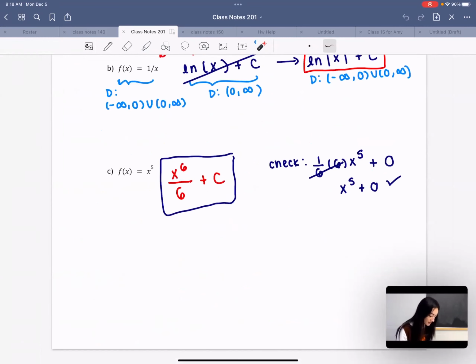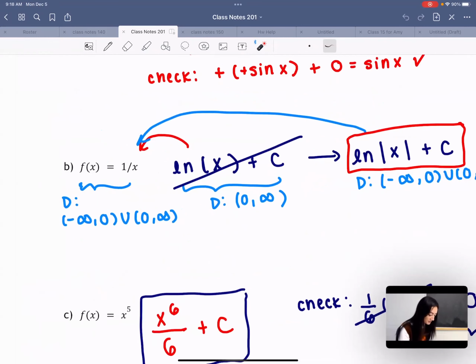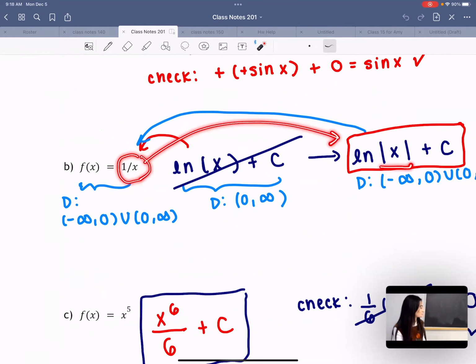And we talked about a very particular power, 1 over x. Whenever we see 1 over x, we said the antiderivative was the natural log, but because the domains didn't match, we had to change the antiderivative to be the natural log of the absolute value of x.